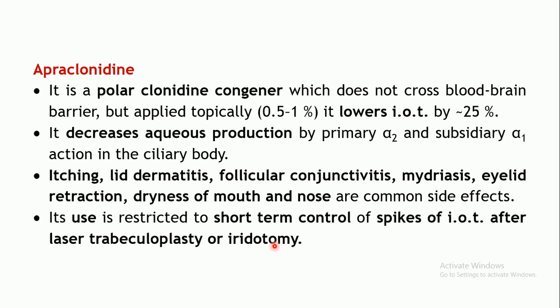Usually after these procedures are carried out, there may be spikes of intraocular tension. So to control these, this particular drug can be utilized. It is generally a reserved drug for short-term use.